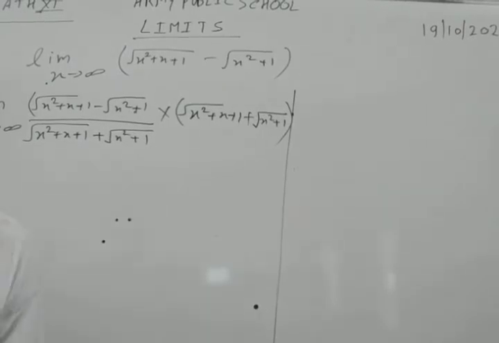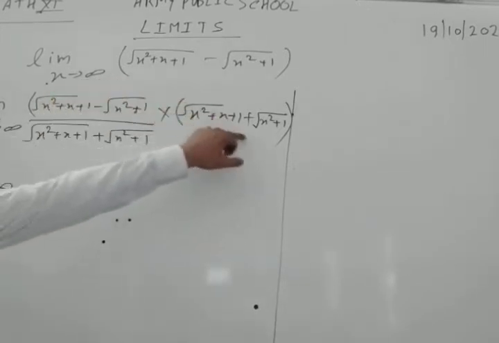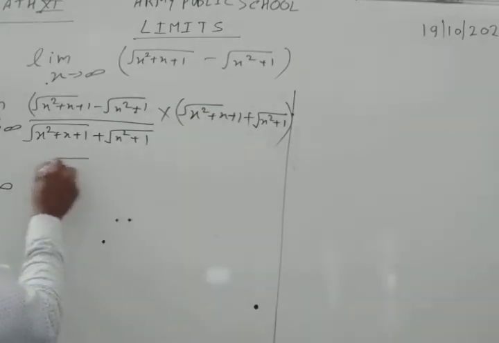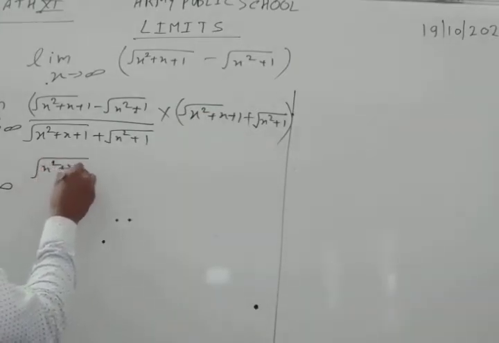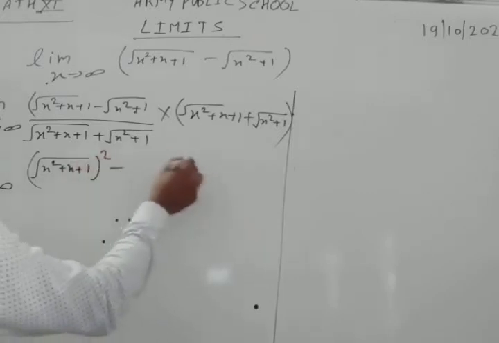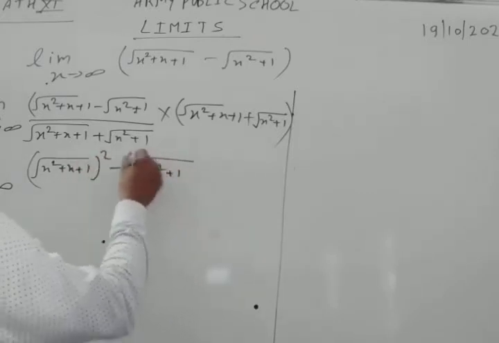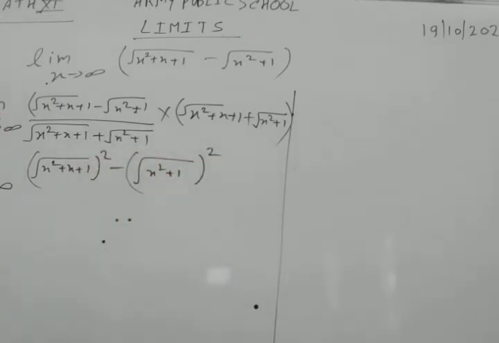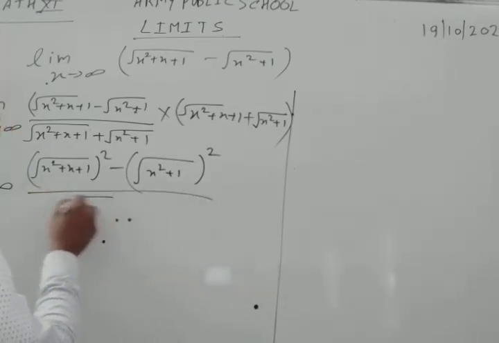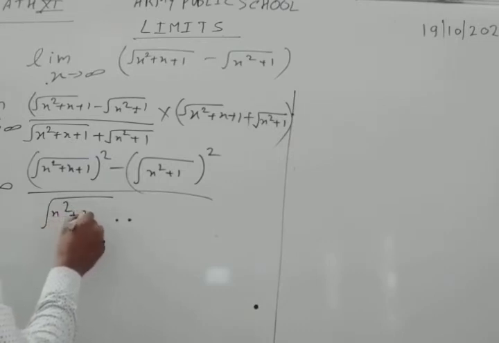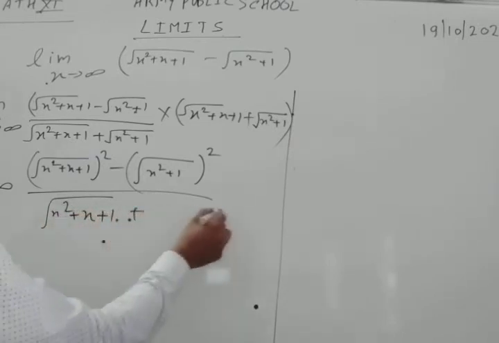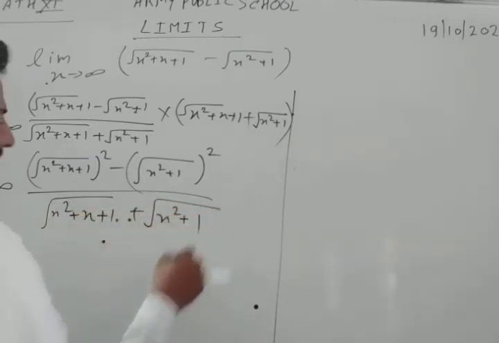Now what we are getting, limit x tends to infinity. This is a minus b, this is a plus b. So it will be (x square plus x plus 1) whole square and (x square plus 1) whole square. In the denominator it will be under root (x square plus x plus 1) plus under root (x square plus 1).